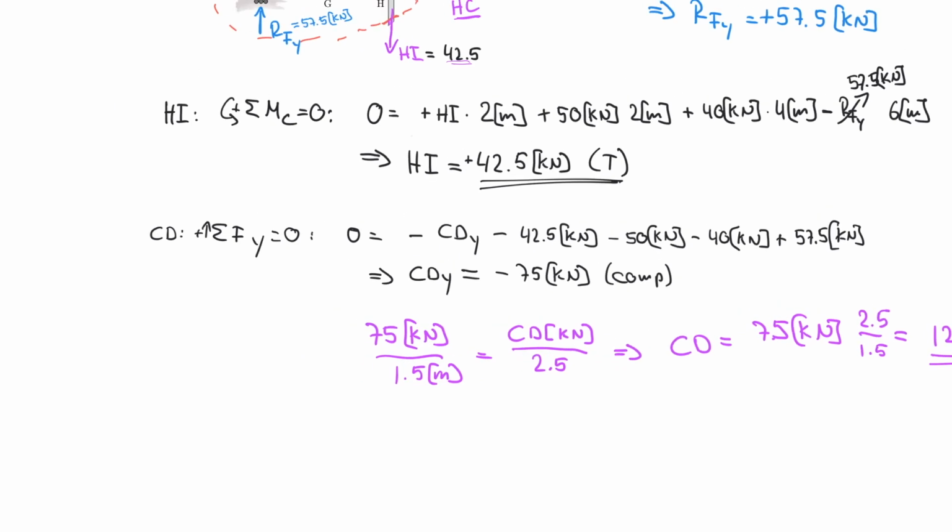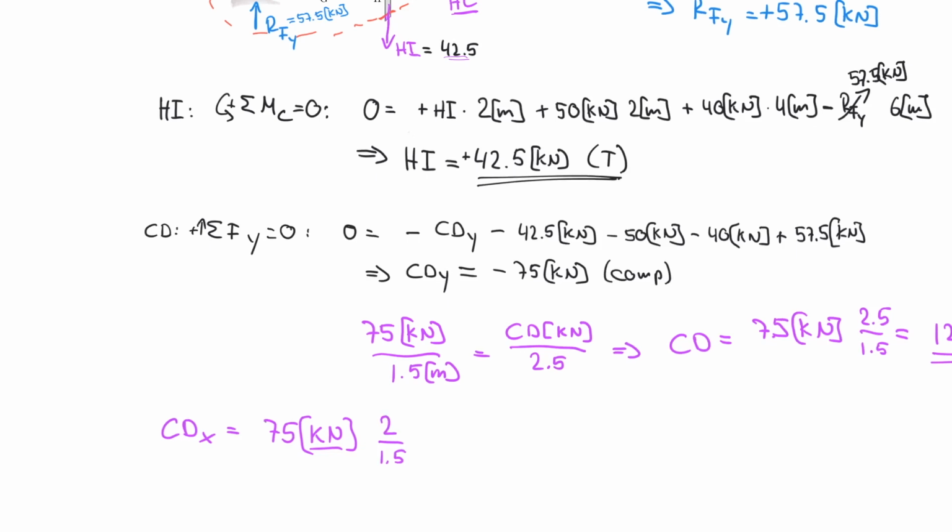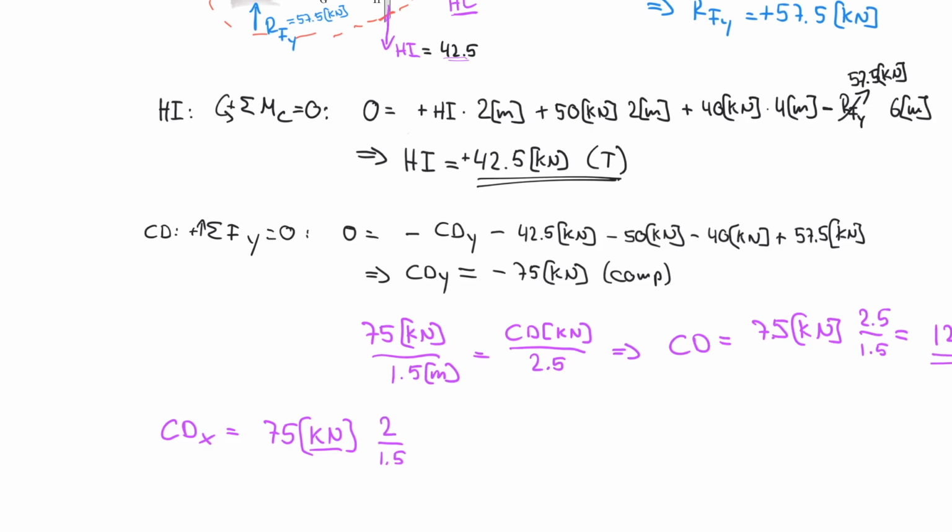So CDX is equal to 75 kilonewton divided by 1.5 multiplied by 2. That's the same similar triangle that I had before. And so CDX is actually equal to 100 kilonewton.